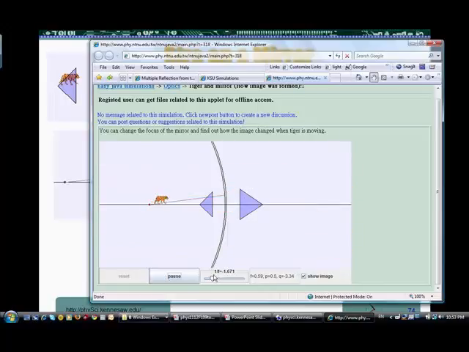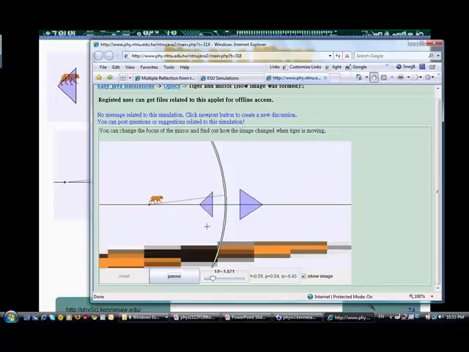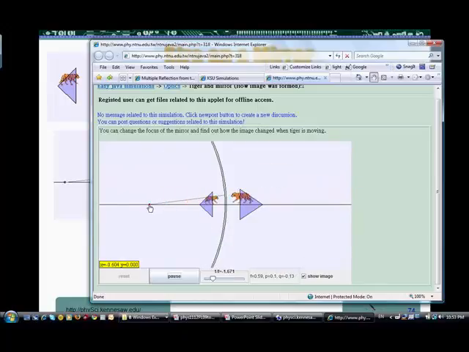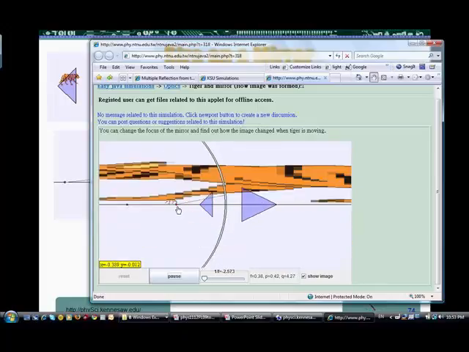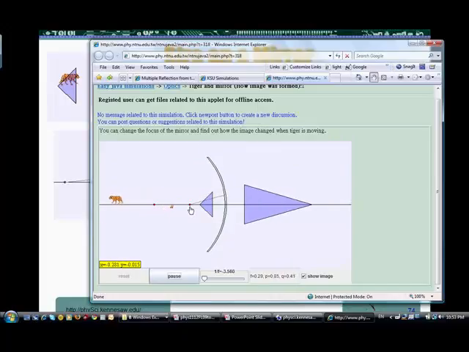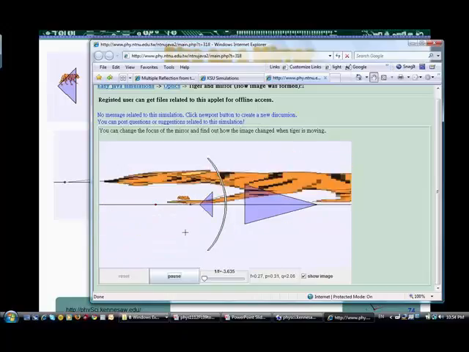Okay, that makes it better. See here, they're equal size, bigger, and then inverted.